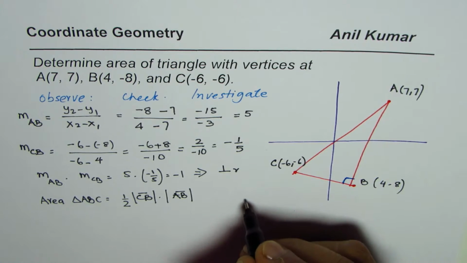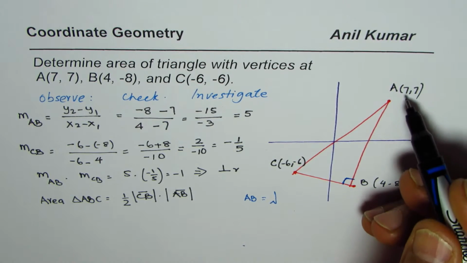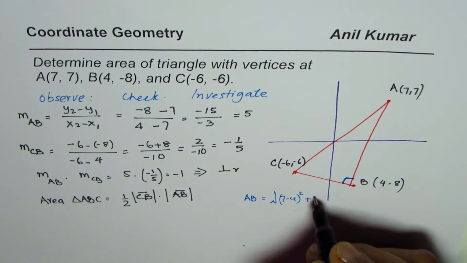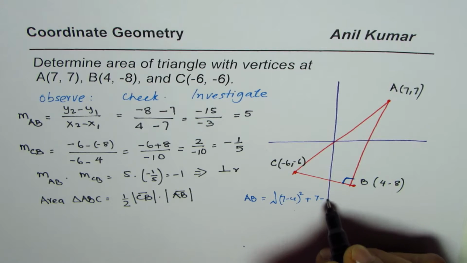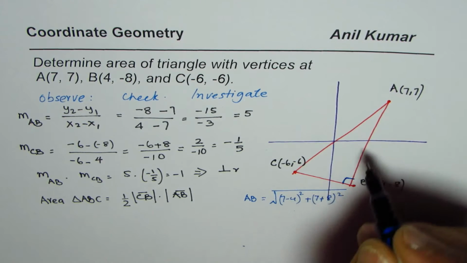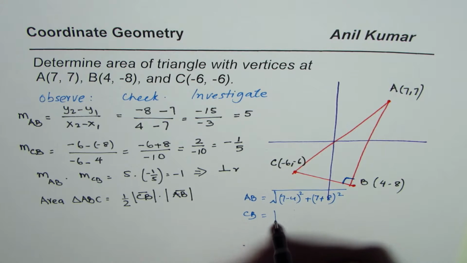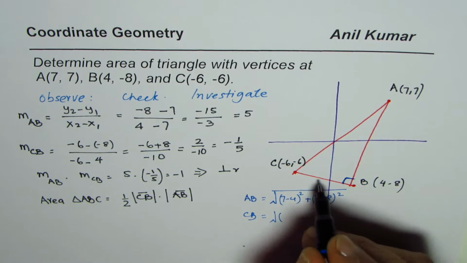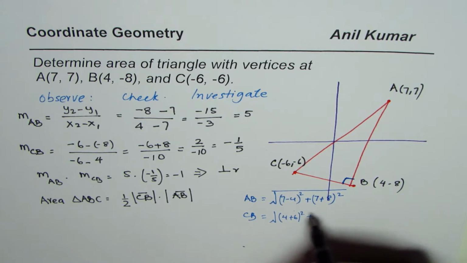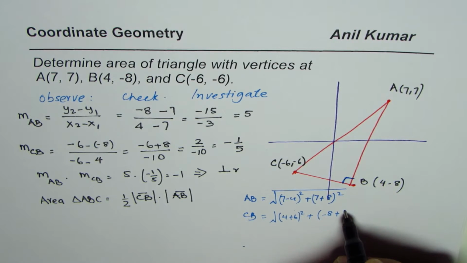AB will be equal to the square root of (7 - 4) squared plus (7 + 8) squared, since minus of minus becomes plus.